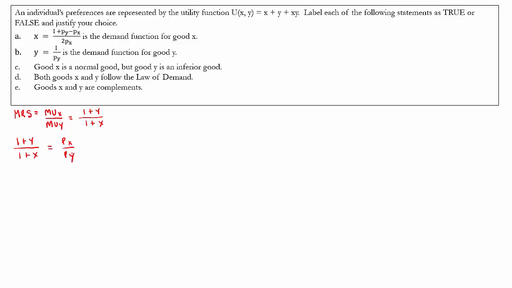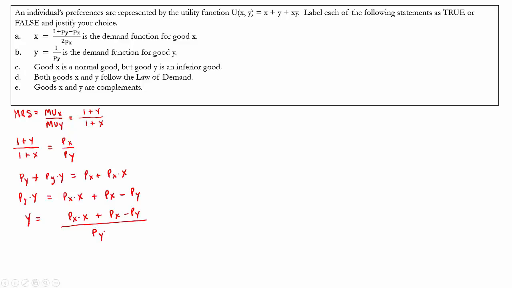Next, solve for y. That's right, to derive the demand for good x, first we need to solve for good y. Let's start with cross multiplication. Now we've solved for y. We want to plug that into the budget constraint.